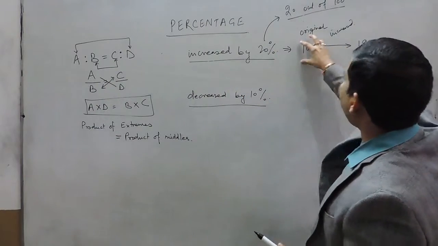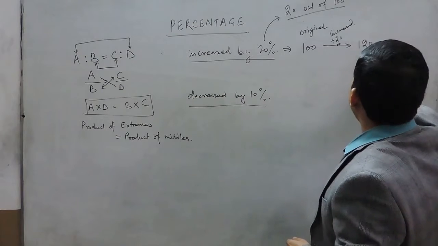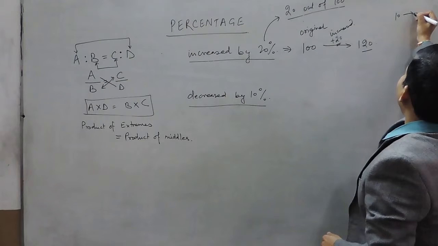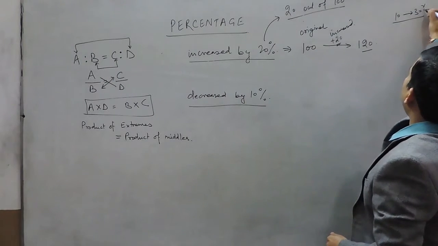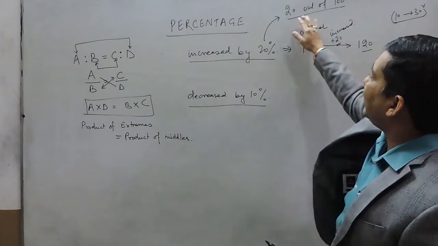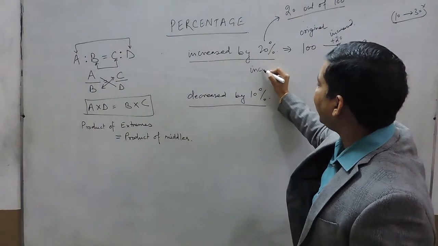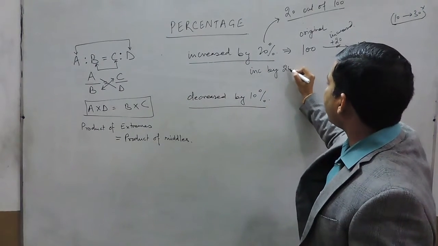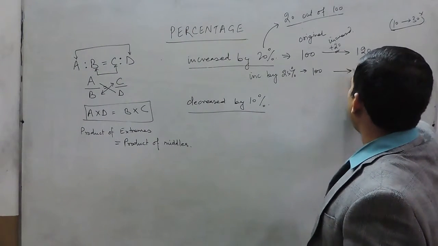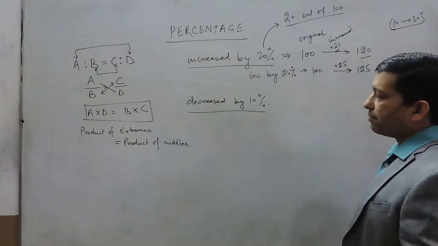Many students think this as 10 increased to 30, but this is wrong, because increased by 20% actually means increased by 20 out of 100. If I am saying that something is increased by 25%, that actually means that originally the value was 100 and 25 was the increase in it and it becomes 125.